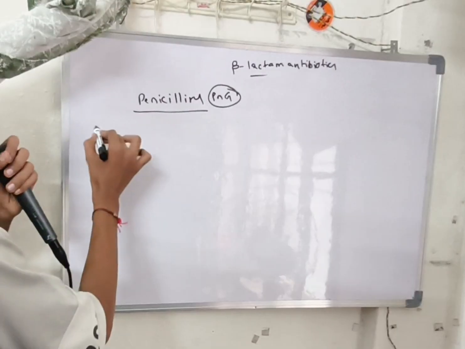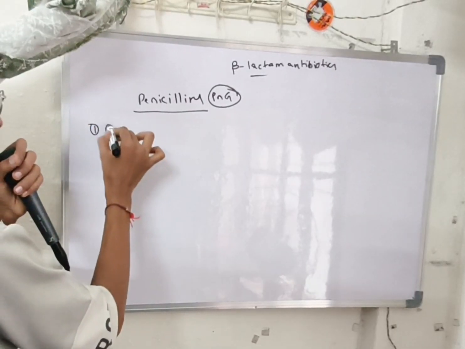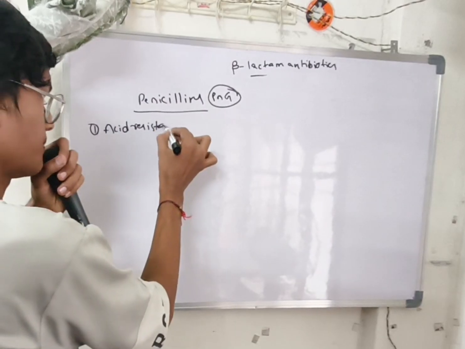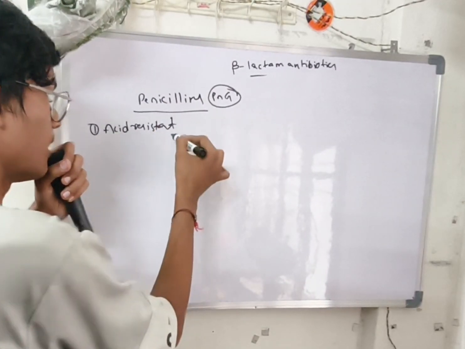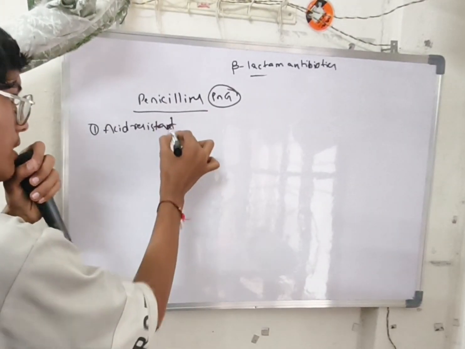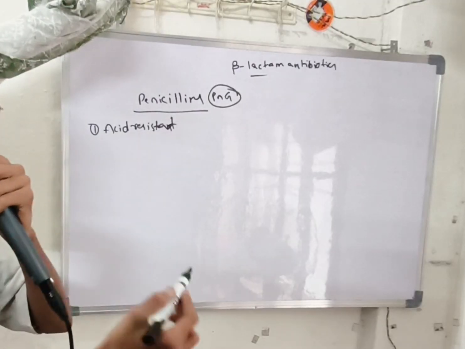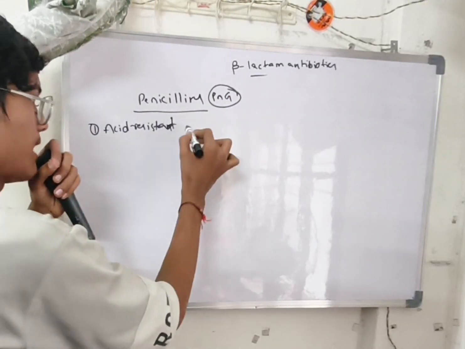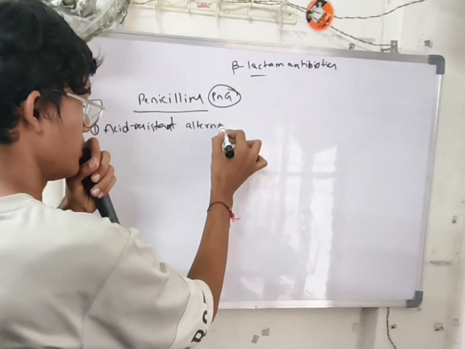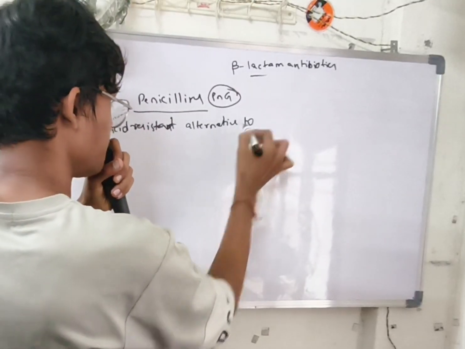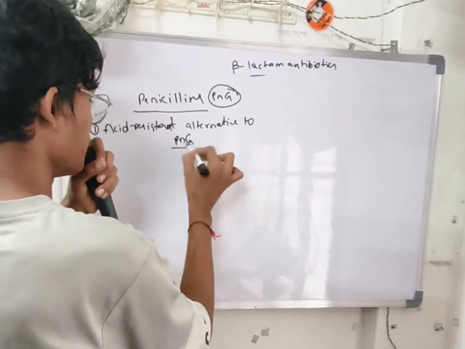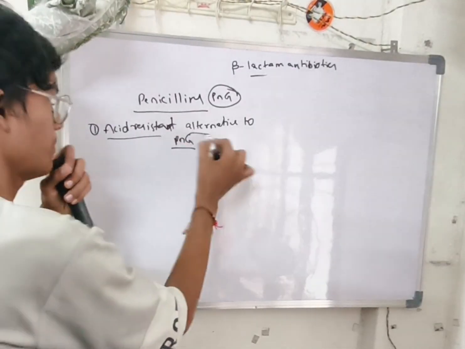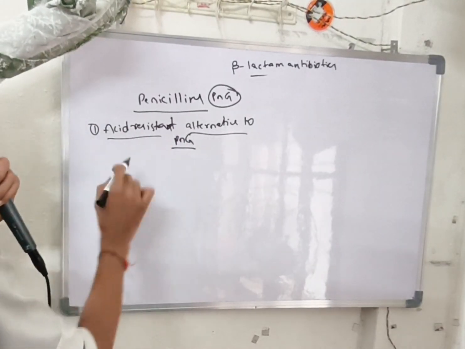So in the first classification we can write acid resistant alternative to penicillin G. Write penicillin G, don't write PNG.